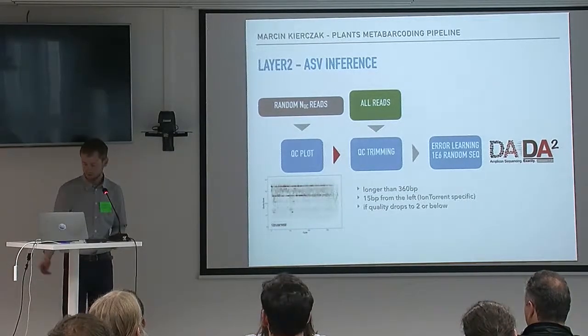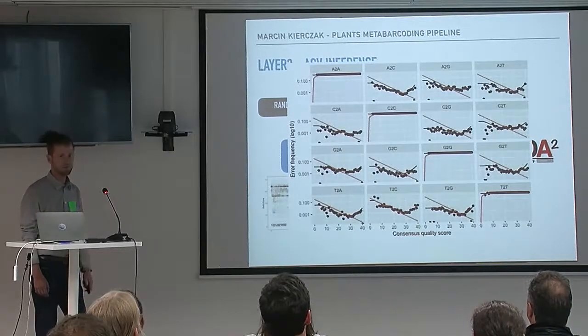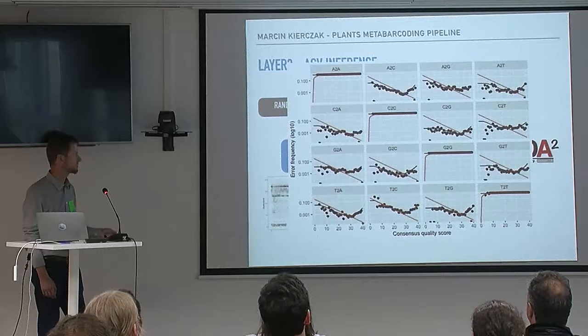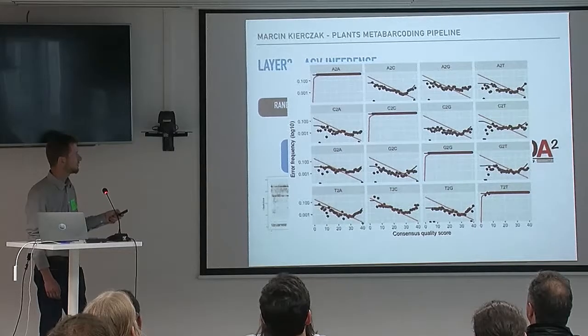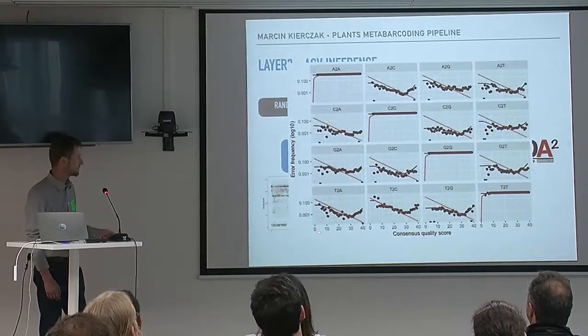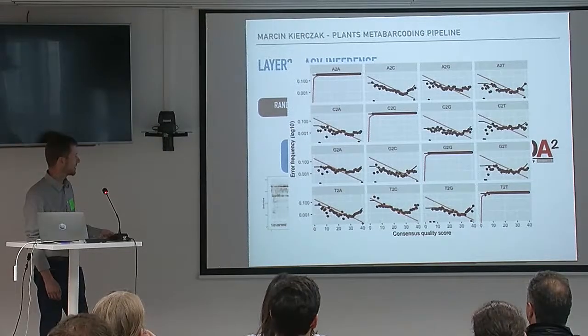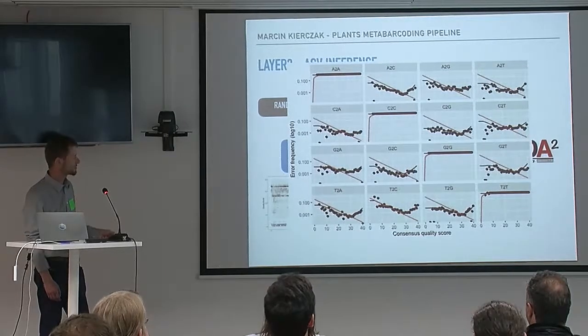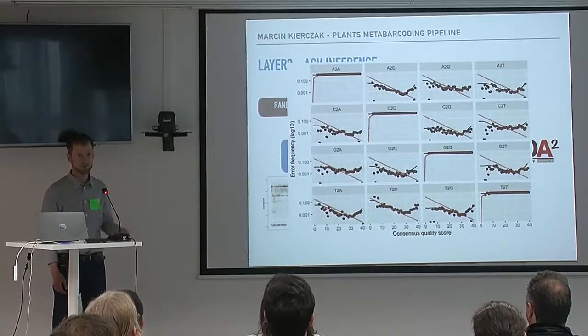And then we are learning errors using, in our case, 1 million randomly selected reads. Without going very much into details, what is shown here is the consensus quality score on the x-axis and the error frequency. Each of those plots is a particular type of error, either transition or transversion.